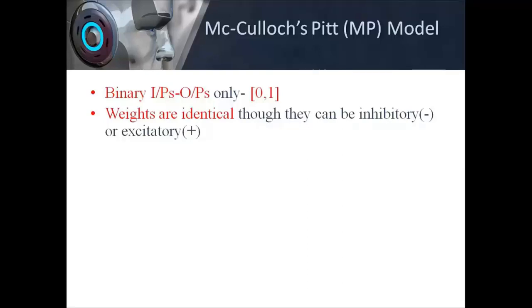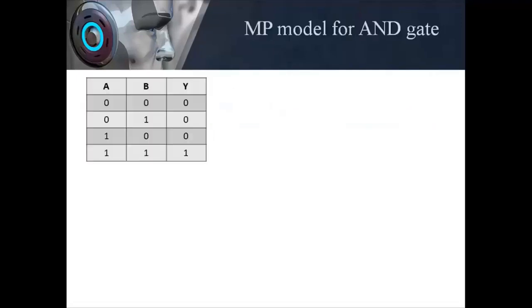Inhibitory means the weight is negative, and excitatory means it is positive and adds to the potential required to fire a neuron. Inhibitory means it inhibits the firing of the neuron. So even if a single weight is inhibitory, the firing of the neuron does not take place, and the output remains 0. We should remember that even if a single input is inhibitory, the output is going to be 0.